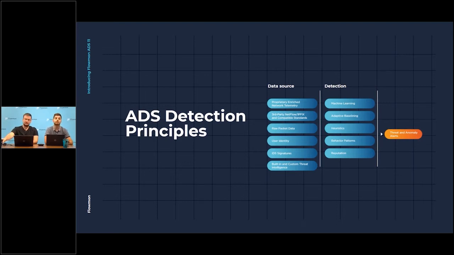All this data is then sent into the detection engine, where we use machine learning, adaptive baselining that learns the curve of normal behavior in traffic and looks for deviations, heuristics or mathematical models, if you will, behavior patterns, which is an inbuilt understanding of the proper and legitimate protocol use, looking for deviations in this prescribed use of protocols, and reputation feeds.